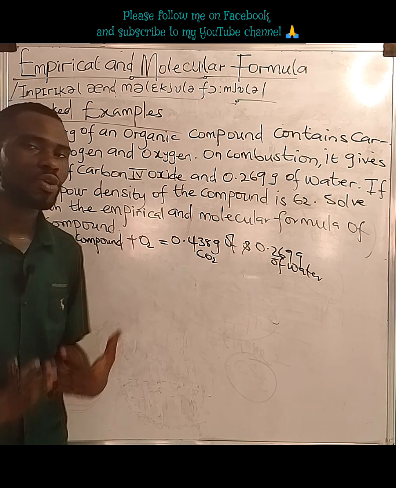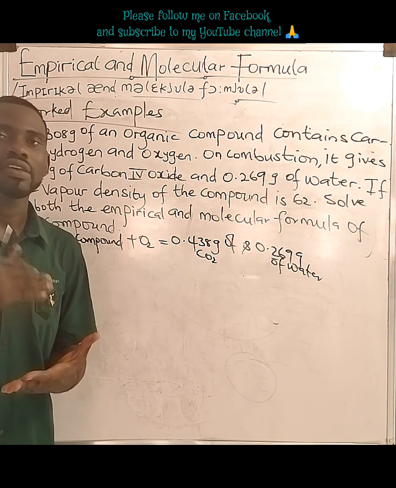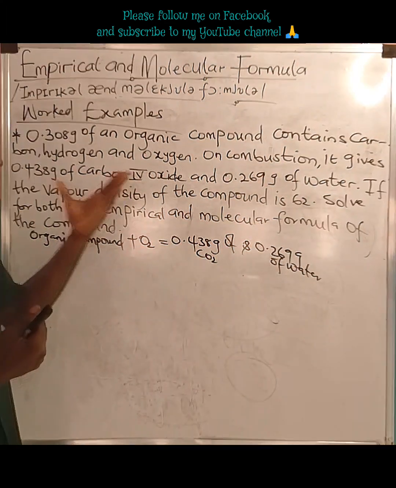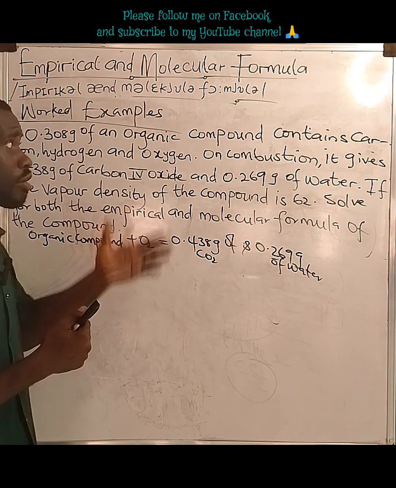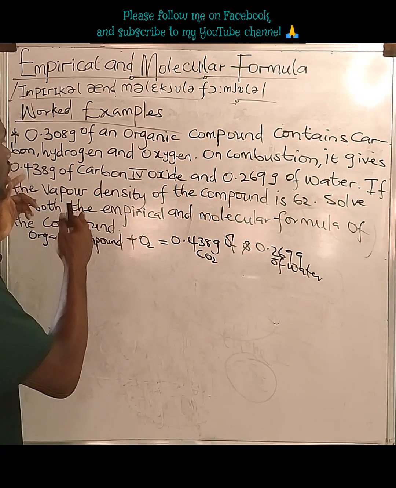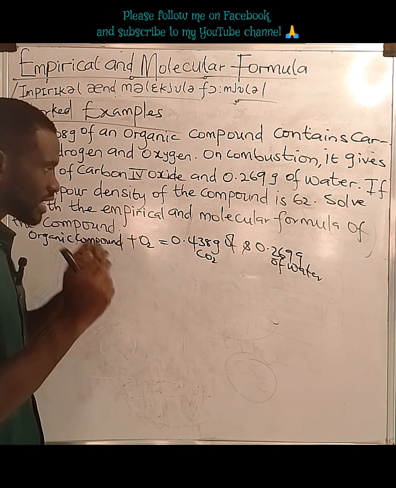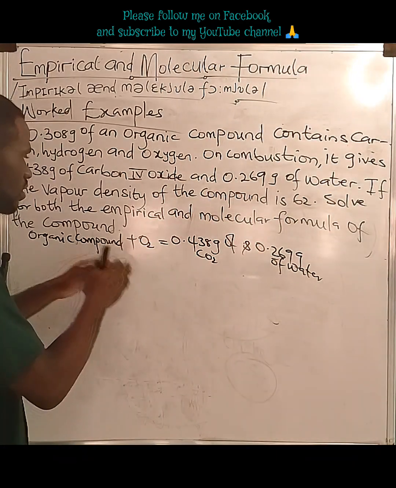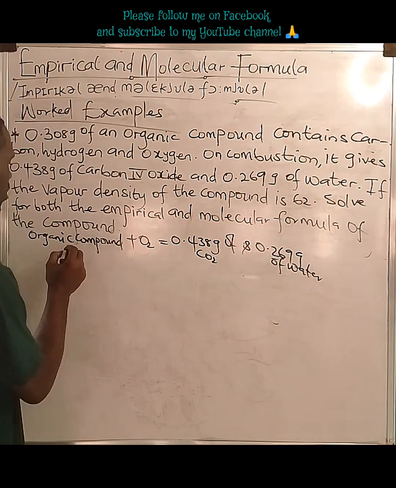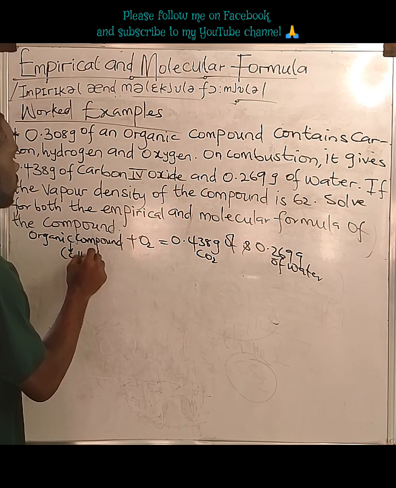But this time around, the question is quite tricky because we are not given the masses or the percentage of each of those elements that make up the compound. Instead of being given the masses of carbon, hydrogen, and oxygen, we are given them in a coded form. This stuff was burnt in oxygen, and then we got this and this. We know what it is made up of: carbon, hydrogen, and oxygen.